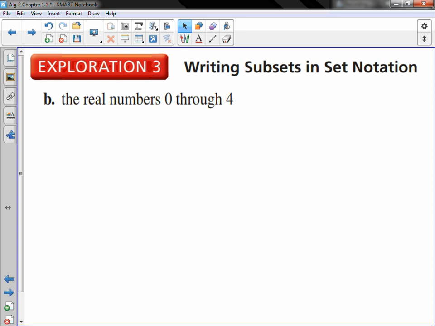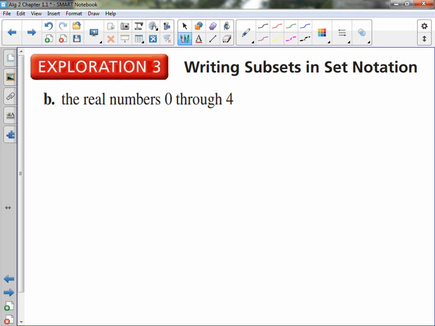So here, the real numbers between 0 and 4. So, am I able to list out all the real numbers between 0 and 4? Well, no, there's too many of them. Yes? So what we're going to do is we can start off with our bracket, because most all these are going to start with the bracket.